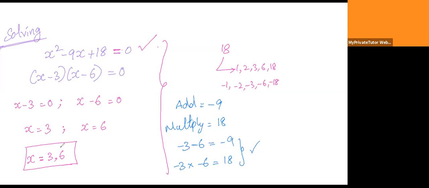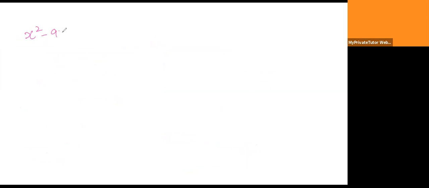So this is a method. In this method, we used factorization first, then we solved for the values. If you take the same question, guys, we can use the formula. What is the formula?